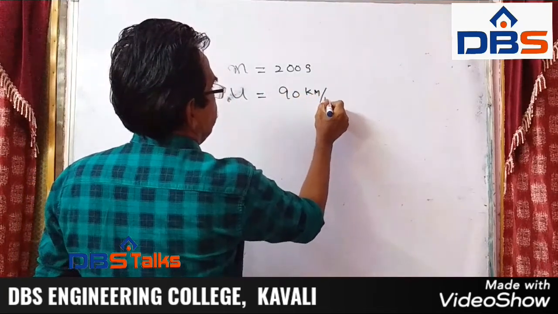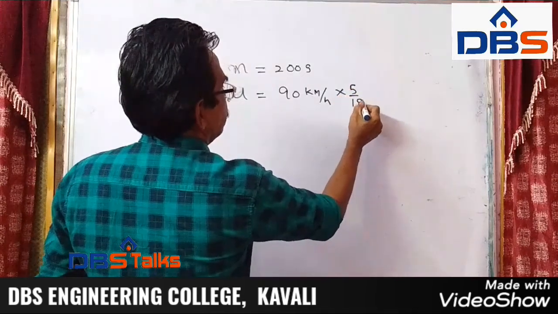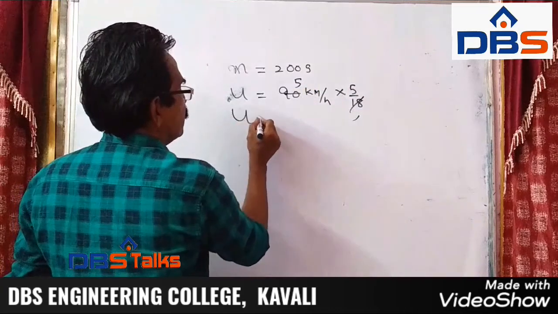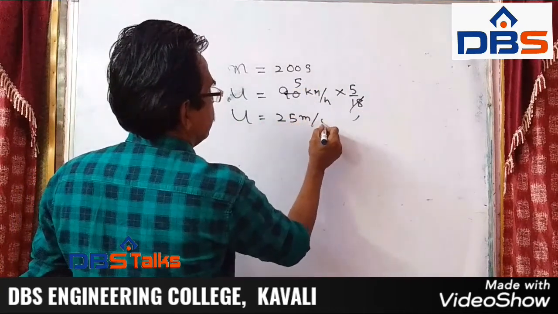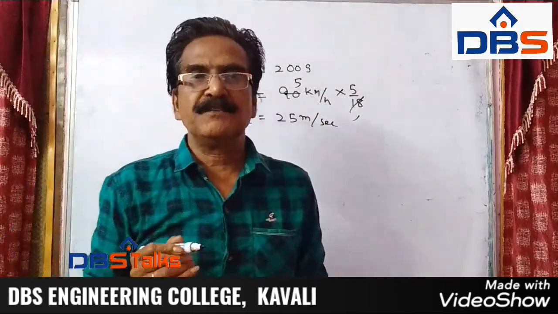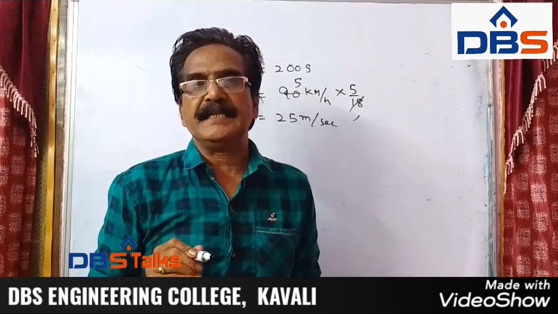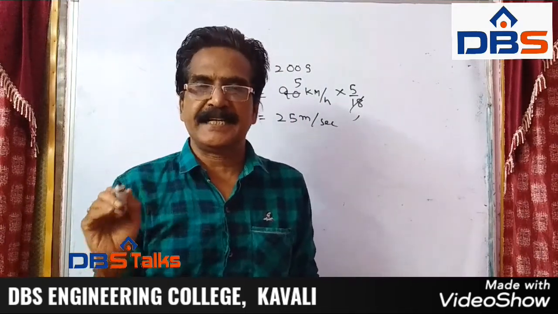Friends, 90 km/h, by multiplying with 5 by 18, the initial velocity of the ball is 25 meters per second. If the velocity is given in km/h, by multiplying with 5 by 18, the velocity is converted into meters per second.